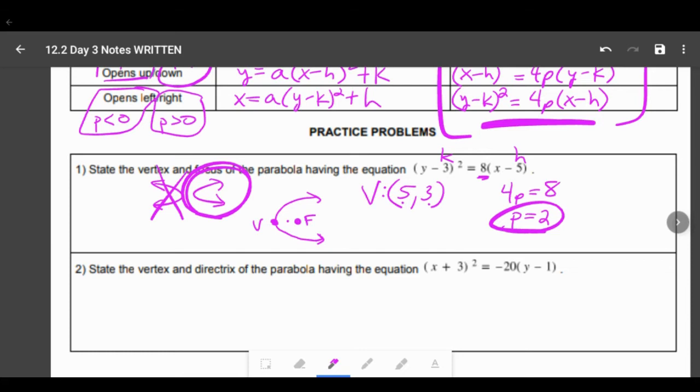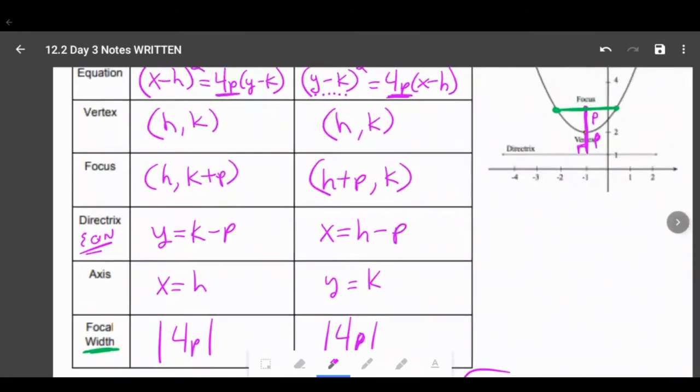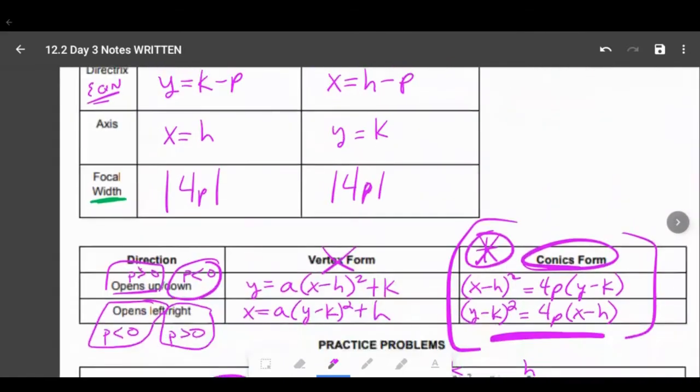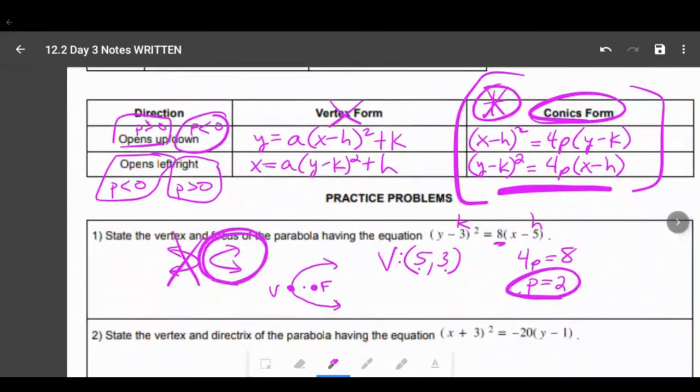You can either go up to the equation that we had at the beginning, h plus p comma k, and you can memorize that and use that, and that's perfectly fine. But like I said, if you're a visual learner like I am, what you may want to do is say, well, if I start at (5, 3), and I take 2 steps to the right, my focus is going to be at (7, 3). And that will give you the coordinates of that focus.